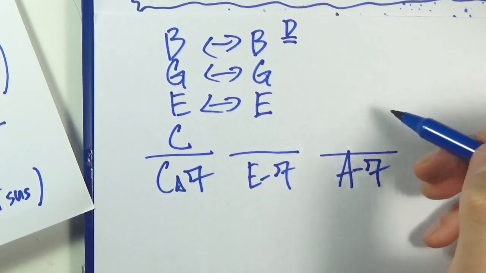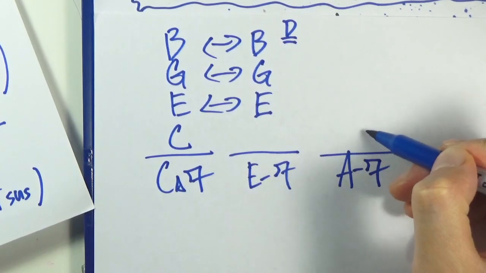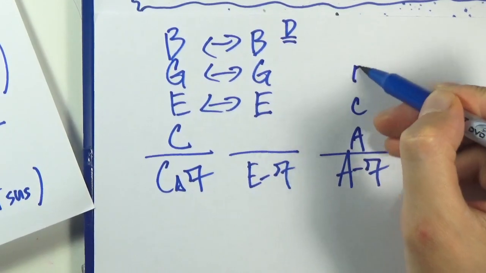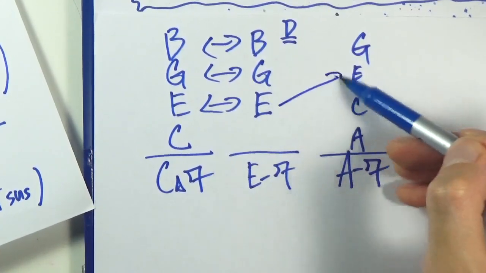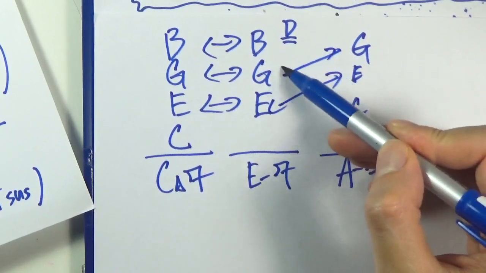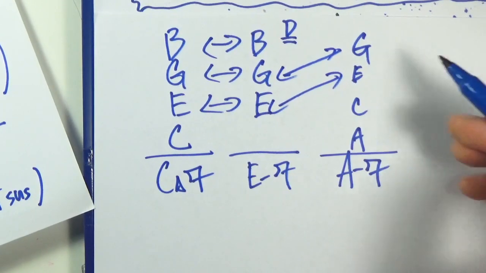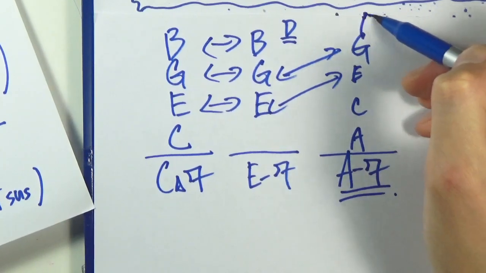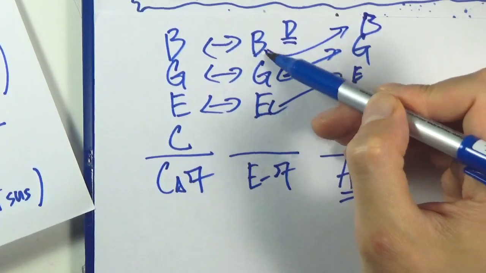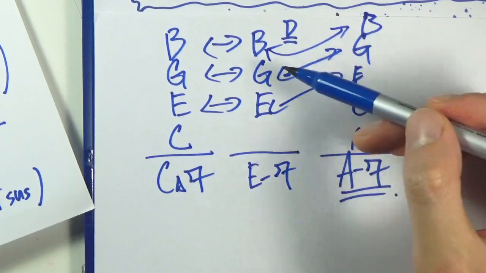So A minor 7, we have A here. So A, C, E, G. If you compare A minor to E minor, we have 1 common tone, 2 common tones, and actually if you go A minor 9th, so you have a B here, then you will have 3 common tones with E minor.